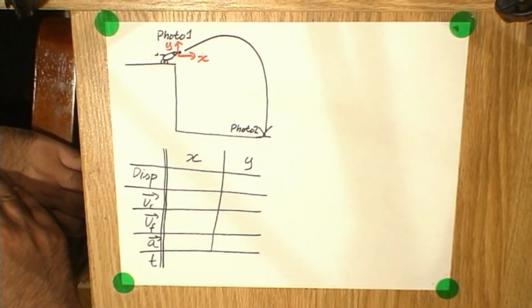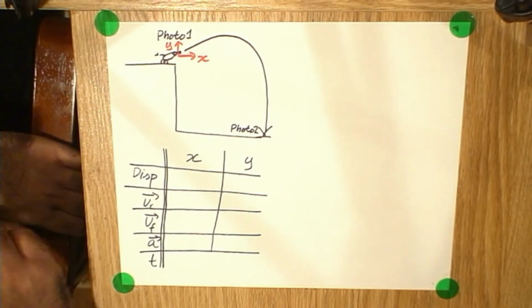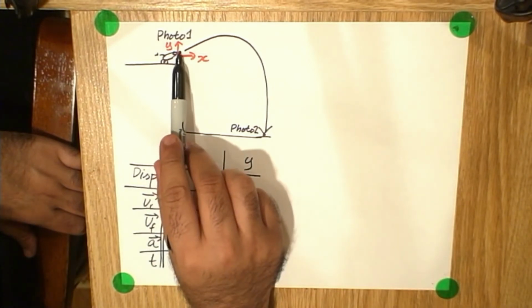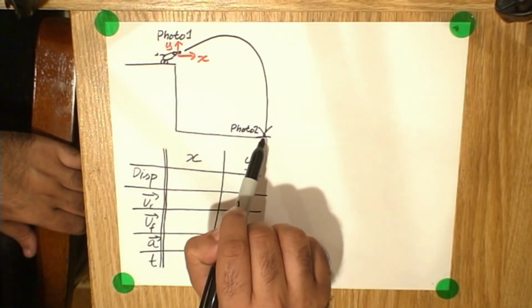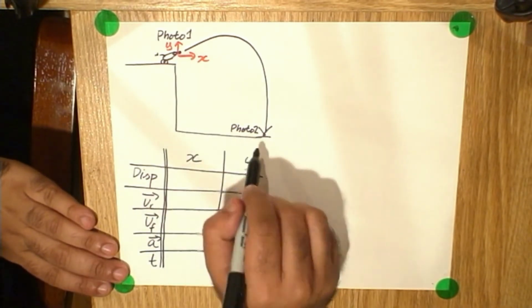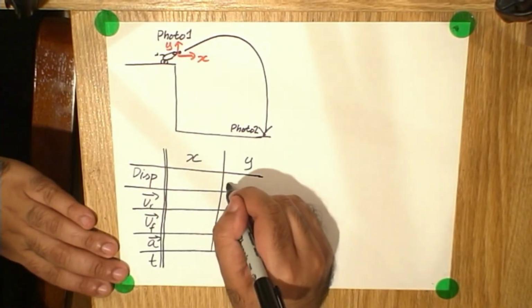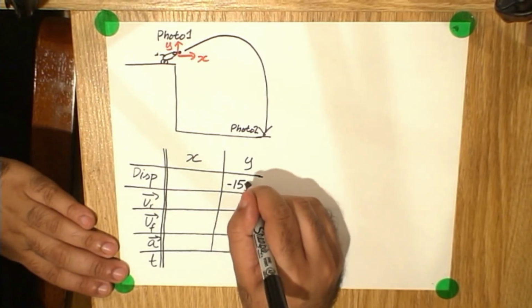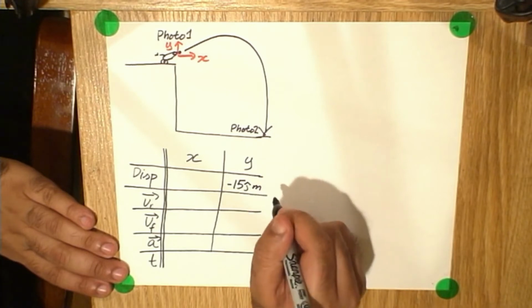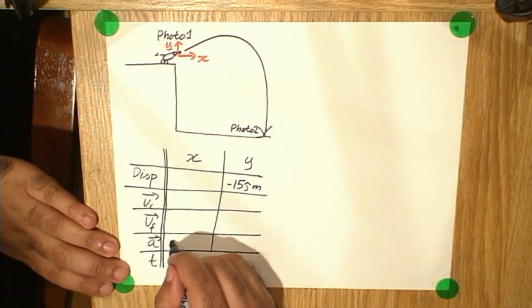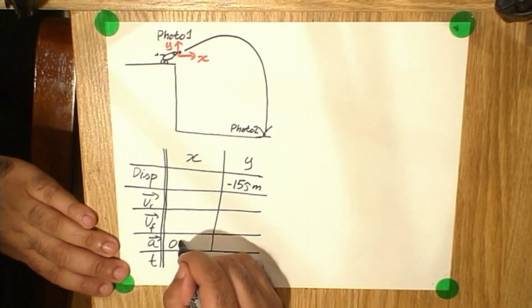Now, let's write down all the information that we know. We know that the cliff, or more correctly, the cannonball, is going to descend a height of 15 meters. So delta y between photo 1 and photo 2 is ultimately going to be negative 15. We know the acceleration in x is, as usual, 0.